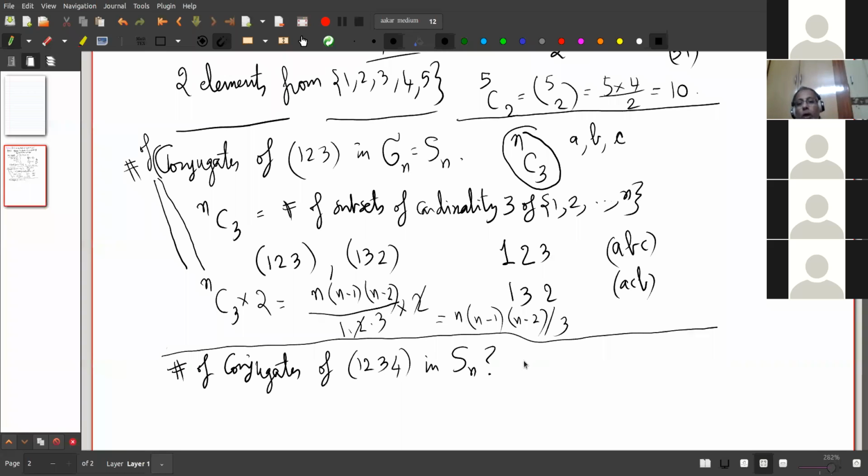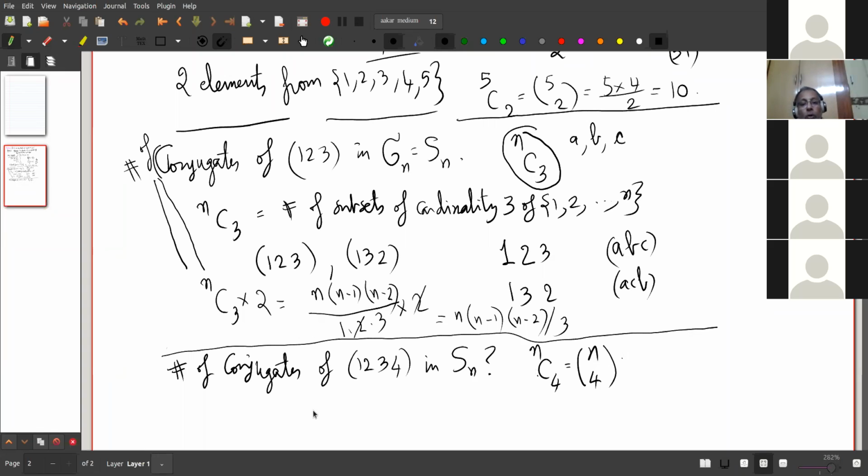So please tell me the answer, sir. N combination 4, NC4, times 3 factorial. I'm using this notation, but usually the Americans don't write this notation. They write n choose 4. Both are the same thing. N choose 4 and then times 3 factorial.